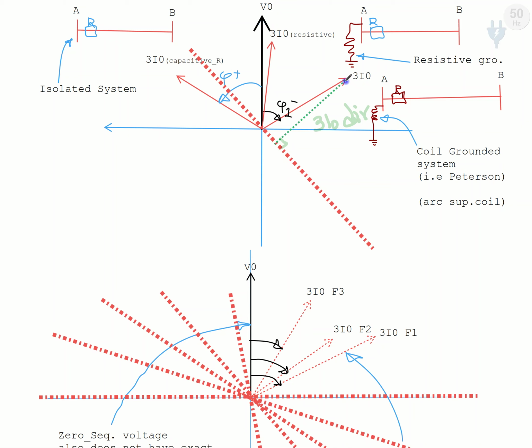Then the perpendicular component on the symmetrical axis is more decisive for the fault detection and for detecting the forward or reverse direction. Now in this example, this side is the forward direction and this side is the backward direction.